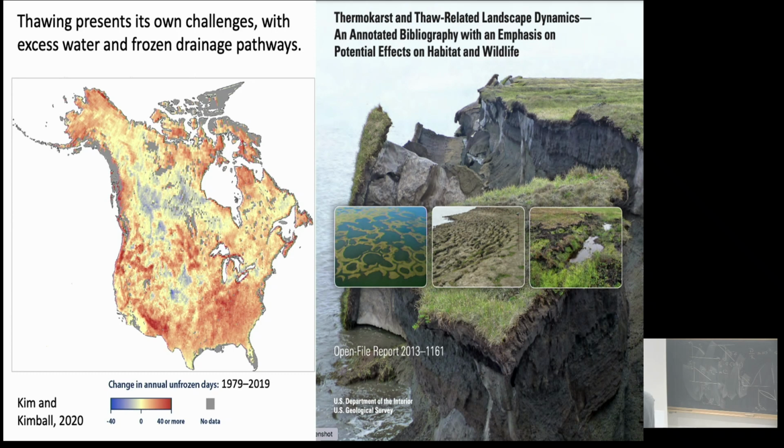This is the change in the annual number of unfrozen days over a 40-year period till quite recently. And you see that in the Arctic, we're having something like 30 or 40 days less of freezing conditions than used to take place.